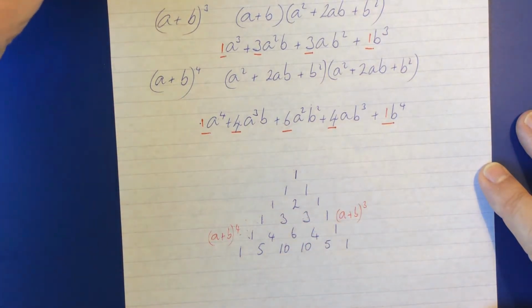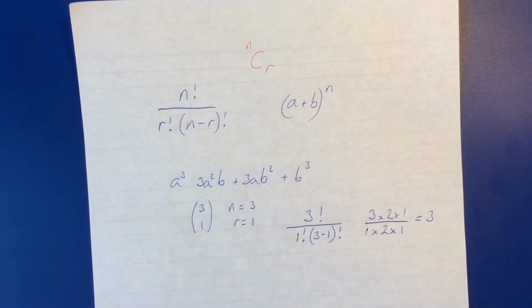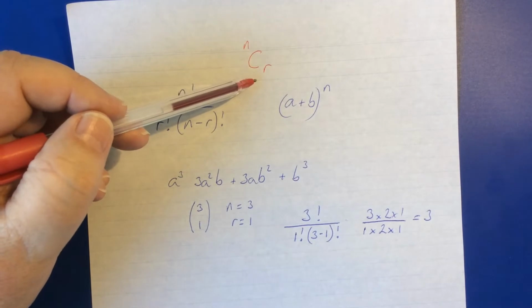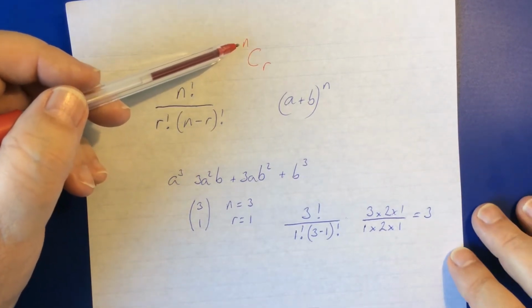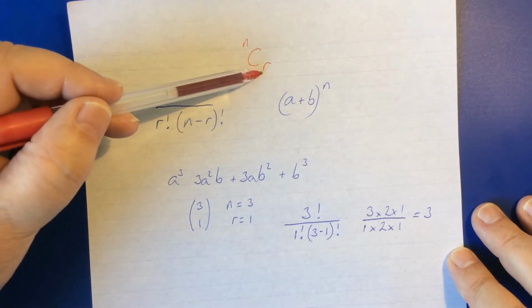Okay, so that is the easy way of sorting out what these coefficients will be. Right. There is a harder, or more laborious, way. Those of you who've done a bit of probability will recognize this. This is a combination, and what it says in plain English is n choose r.